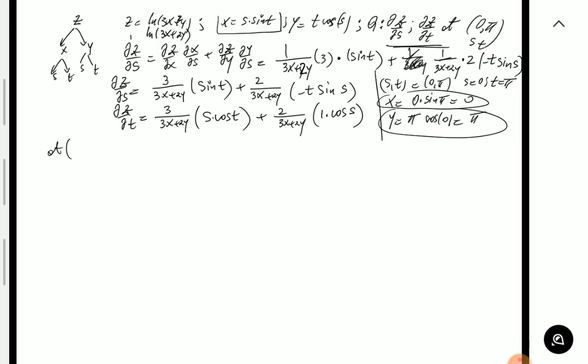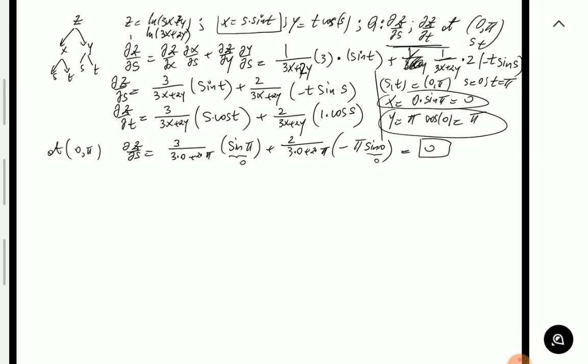So at the point in question, my partial derivative is 3 over 3 times 0 plus 2 times pi, times sine of t, which is pi, plus 2 over 2 pi, times minus pi sine of 0. So actually this is just 0, because sine of 0 is 0.